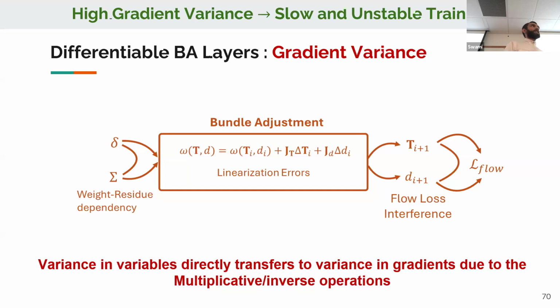And as opposed to standard deep layers, where you might plug in normalization layers or skip connections to mitigate some of the variance, you can't quite do that here, given that the variables have some grounded meaning and can't just be arbitrarily manipulated to reduce the variance.